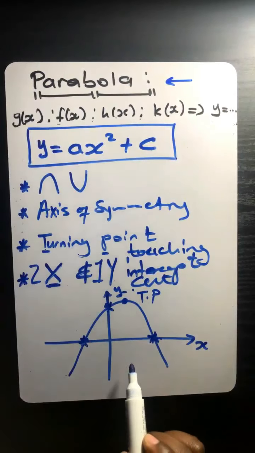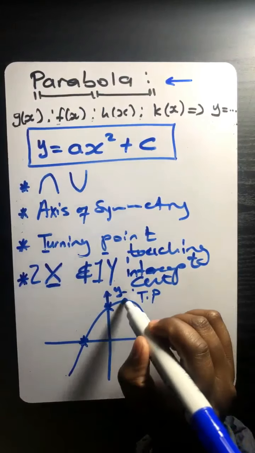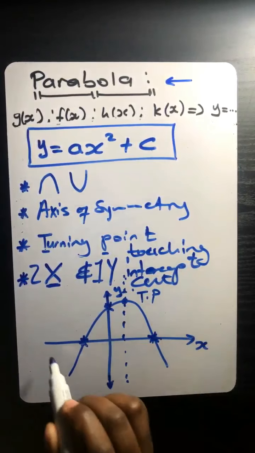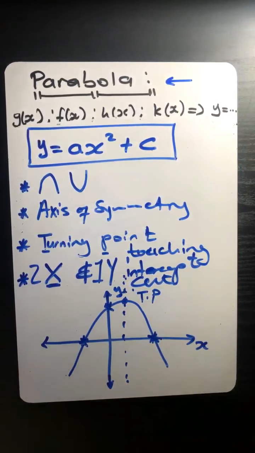So what else do we have on a parabola? We know we've got the axis of symmetry. I don't know what we call that in Venda. I'm not sure if there's someone who attended this lesson who's Venda who can assist me in terms of the relevant word.